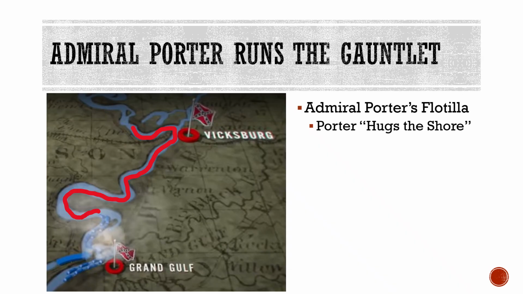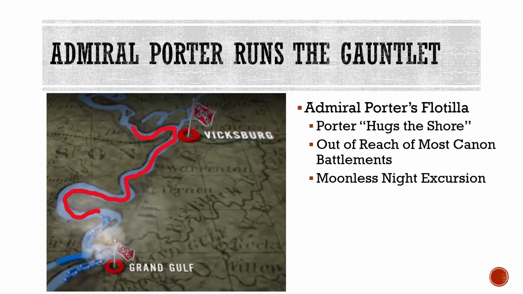Admiral Porter's method was basically to have his ships run as close to the shore as possible, in the hopes that the cannon would not be able to reach him. They would not be able to point directly down the hill towards where his ships were coming.